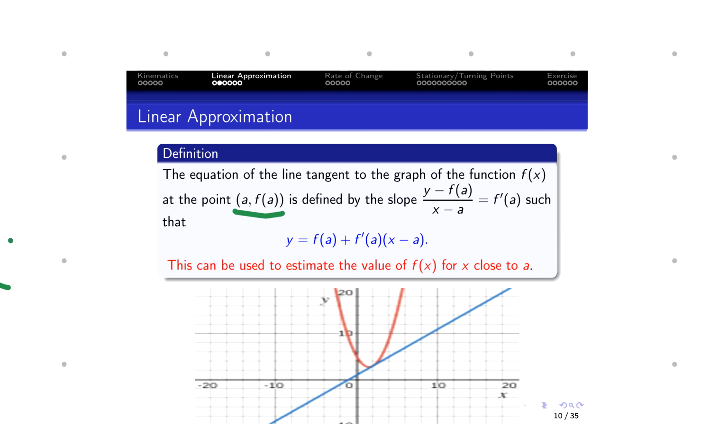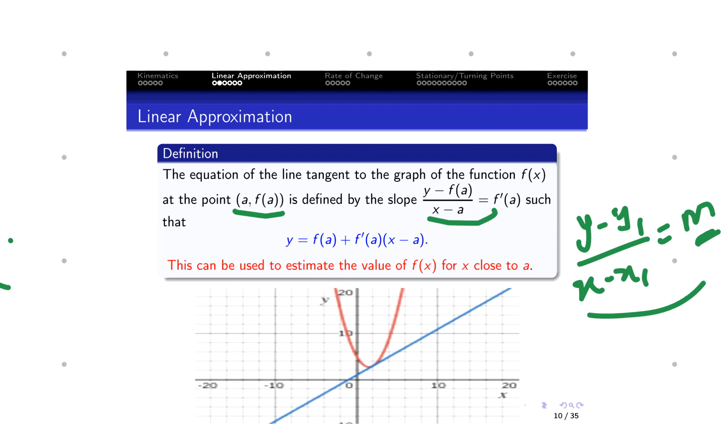You know the equation of a straight line; one way to have it is y minus y1 over x minus x1, that's the slope, and that is equal to m. If you know the slope and these other things, you can quickly formulate an equation from it. In this case, y1 is your f of a, while x1 is a itself, the independent variable, which leads to the dependent variable f of a.